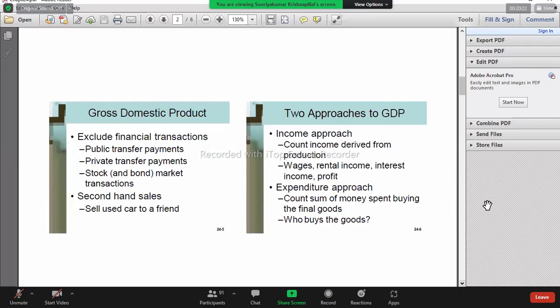If we sum up the expenditure of all these, we get the value of final goods and services produced in a particular year. So the income approach and the expenditure approach should give an equal value of final goods and services.